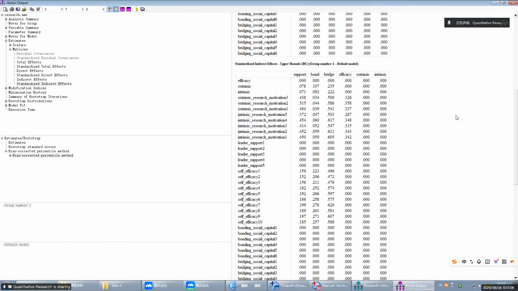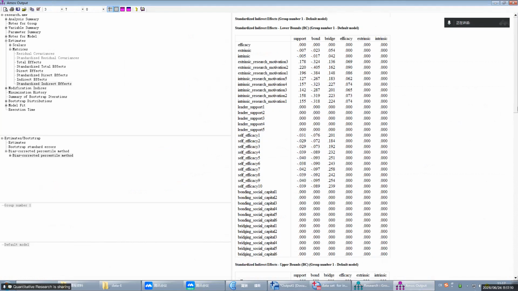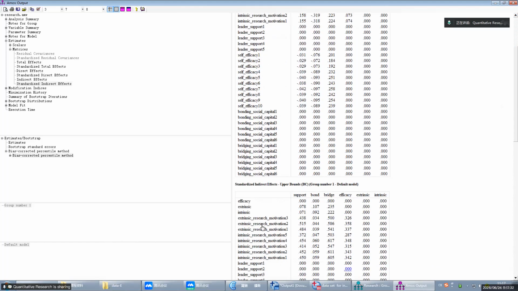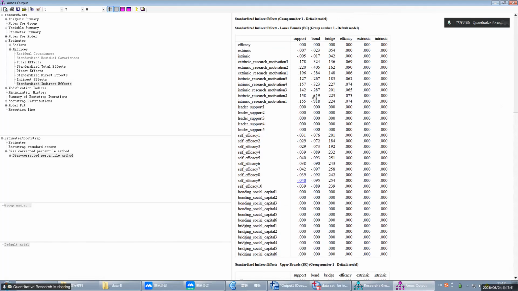Again, try to tell me, how about the mediation paths to intrinsic motivation? For example, support to intrinsic motivation, minus 0.05 to 0.071, right? It's not significant.